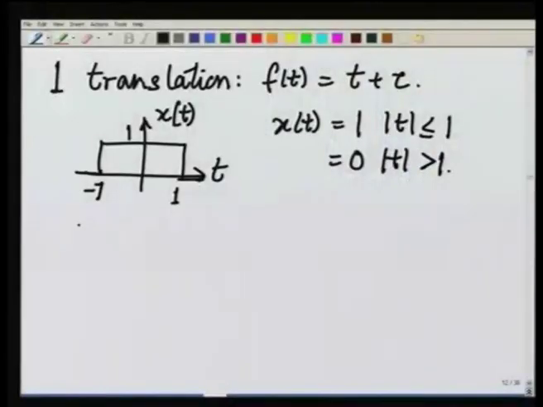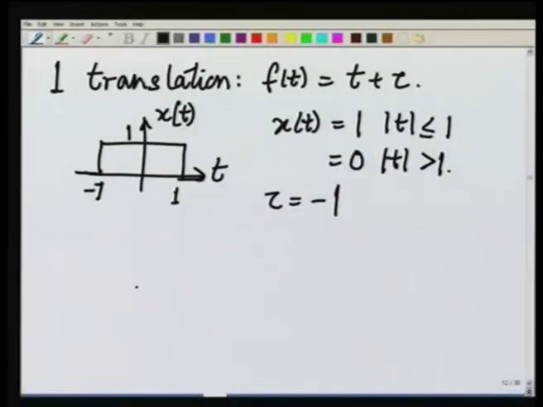Now, what happens to x of t if we shift the time axis as we have done over here? Let us take tau equal to minus 1. If we take tau equal to minus 1, let us see what happens to this function, and let us also see how we compute the effect of incorporating a time transformation on the values of x of t on the transformed time axis.